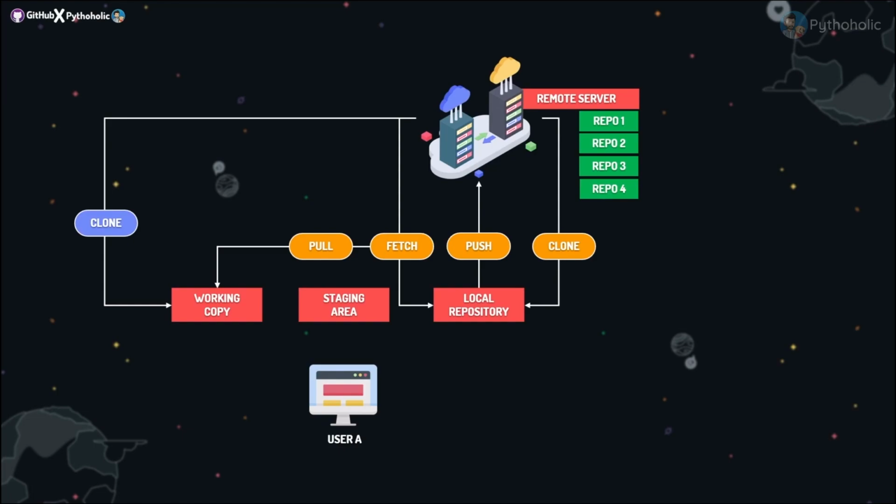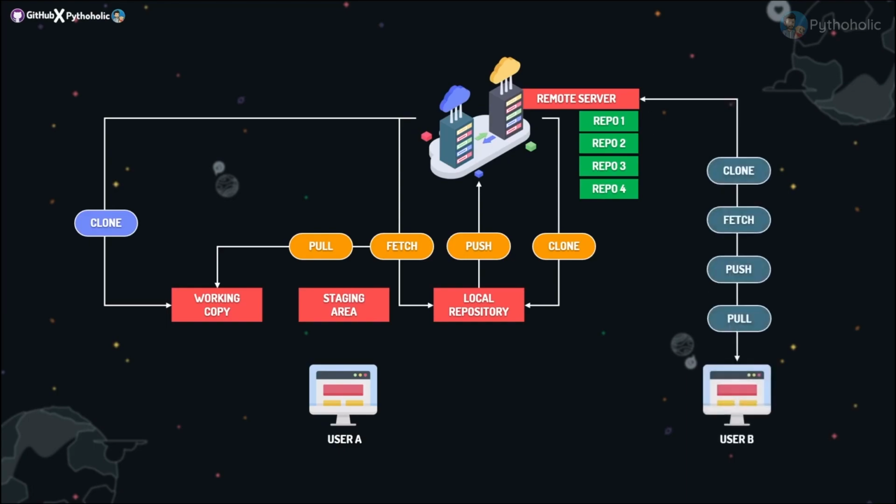These operations are some of the important concepts, and we'll surely discuss them. Don't worry. Similar to what we have done now, other users can also perform these operations. They can clone, they can fetch, they can push, and they can pull. I hope you got the point about repositories here. I know it may not be 100% clear at this point, but we will do a hands-on demo that will surely help you.